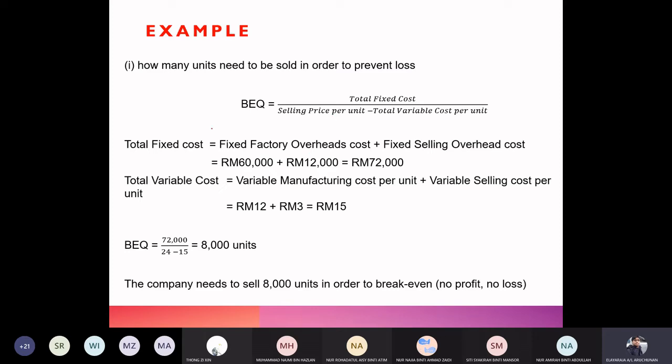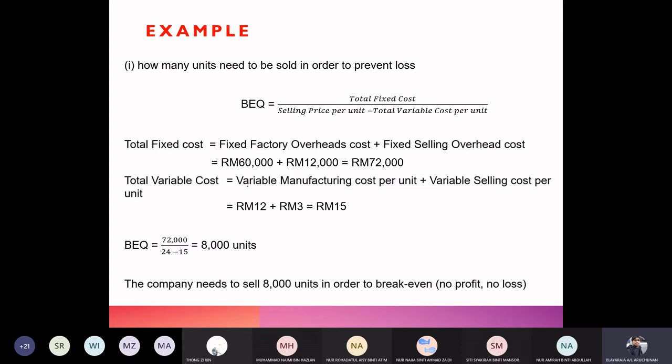The total fixed cost, for the factory overhead cost as well as the fixed selling overhead cost, is 60,000 and 12,000 ringgit, altogether 72,000 ringgit. That is the total fixed cost. Now we calculate the total variable cost.